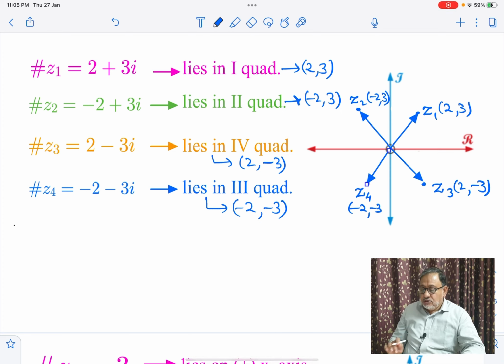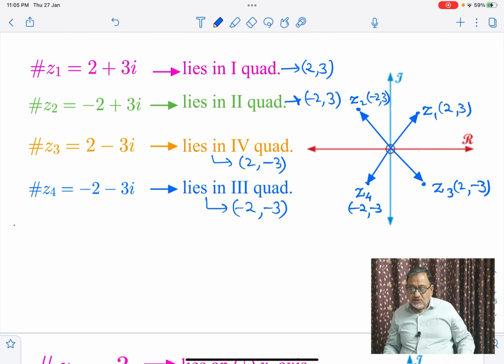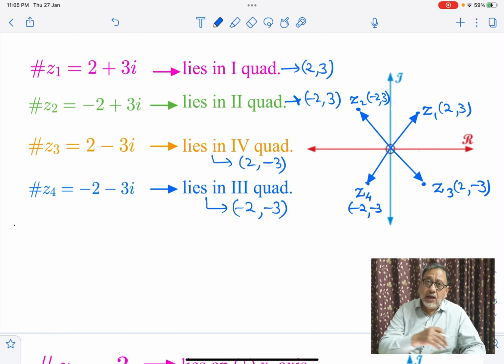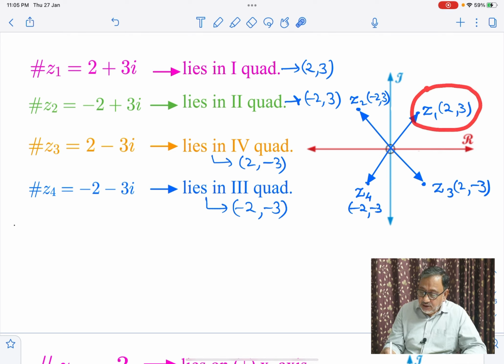So these are the four complex numbers I have represented on the complex plane. I hope this is clear. The first one is z1, in the first quadrant, (2, 3). z2, which is (minus 2, 3), will be in the second quadrant.